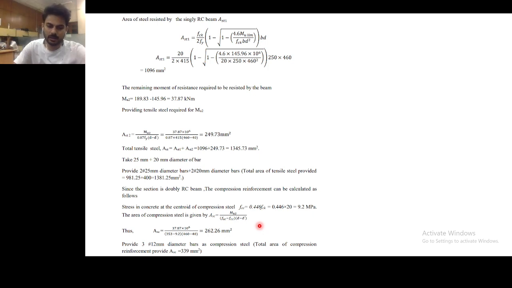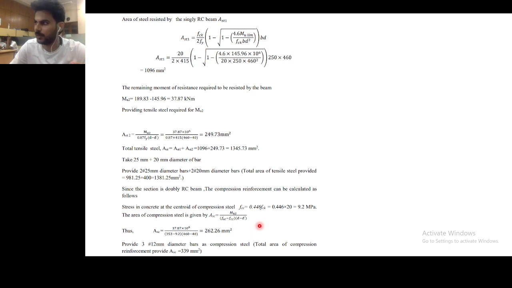This is the real problem, and we have to design such problems in real life, because they will not ask to calculate the moment of resistance. Rather, mostly they will say this is the type of loading coming onto the beam, this is the imposed load and this is the dead load, and then we have to design it and provide the reinforcement requirement.